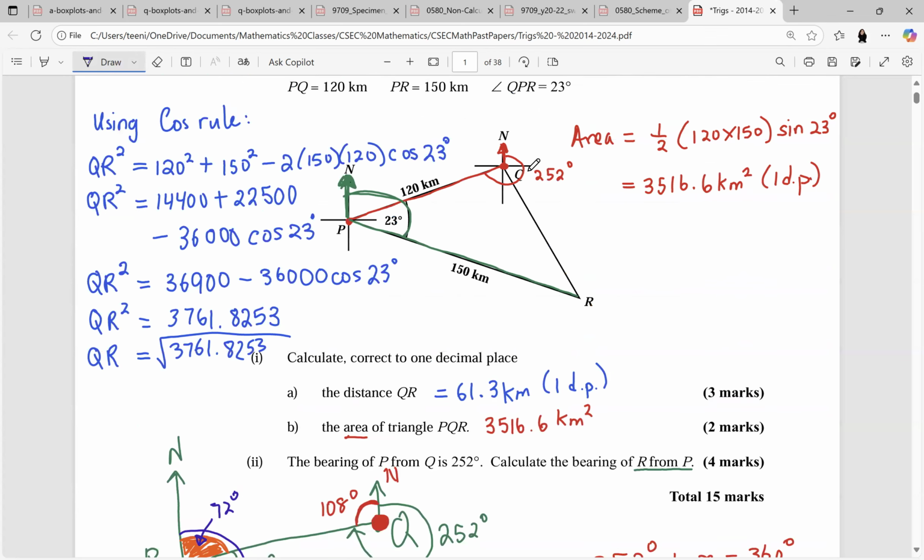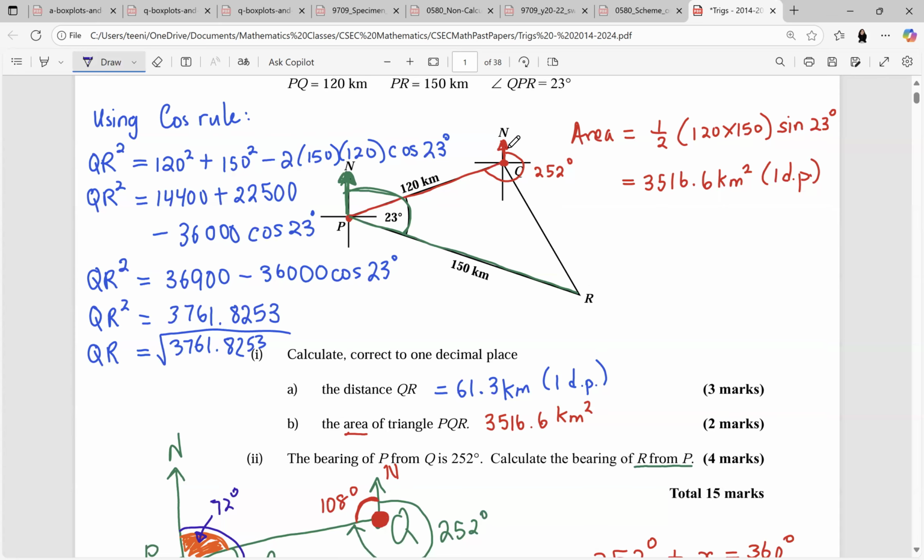So things that we needed to identify first, they gave us that the bearing of P from Q is 252 degrees. And if it's from Q, then we're looking at the angle between the north line at Q and the line PQ, the clockwise angle. So that was 252.